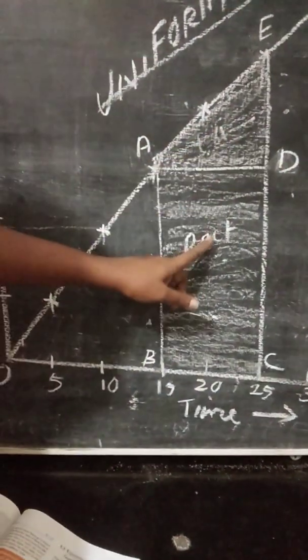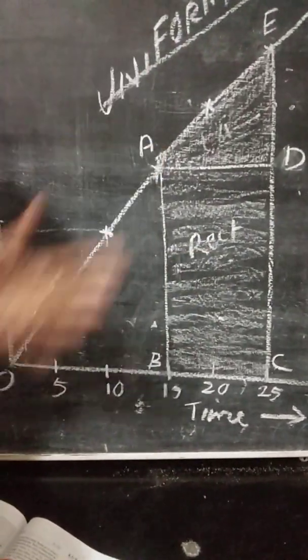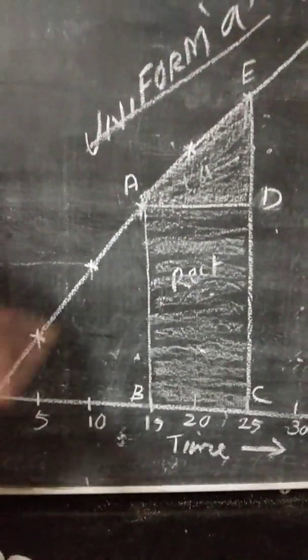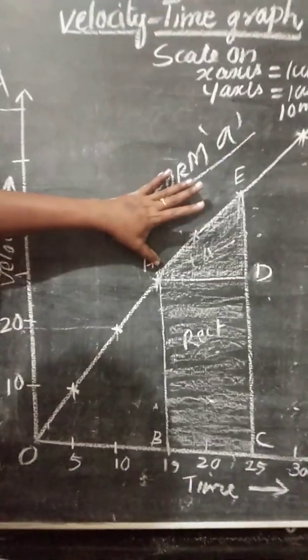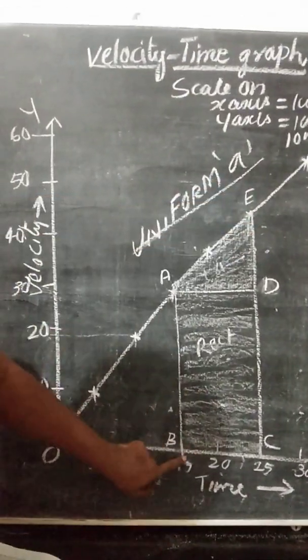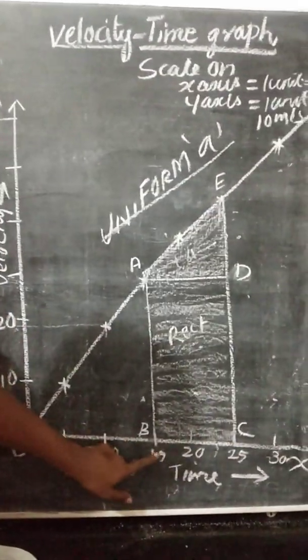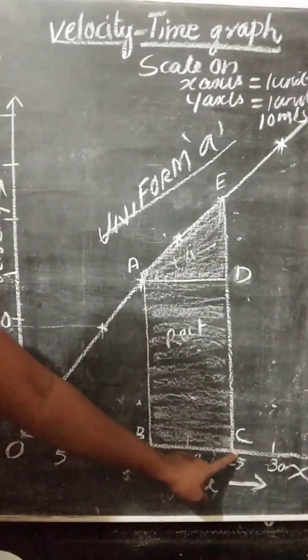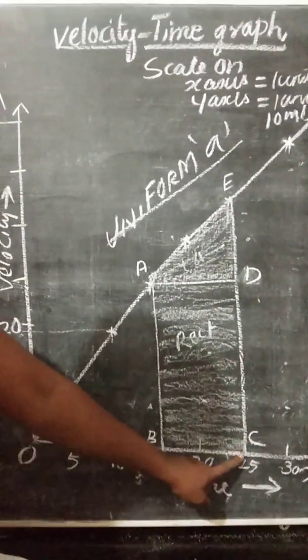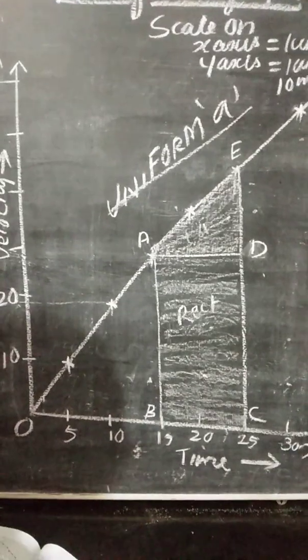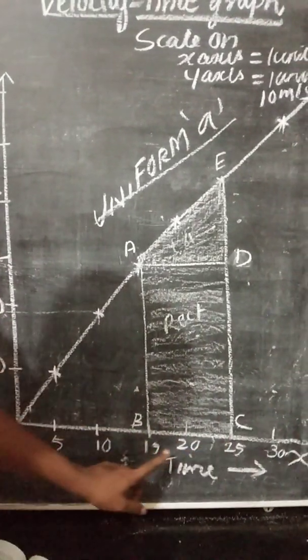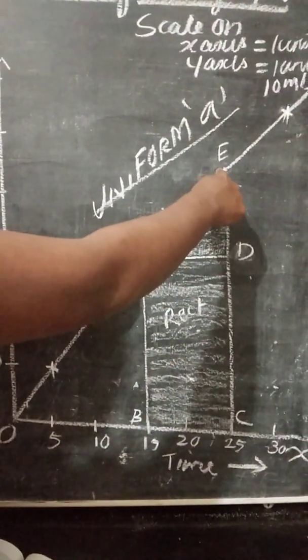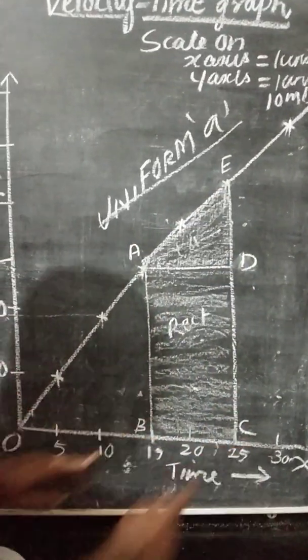We can easily find the distance travelled by the object from A to E, or from 15 to 25, a time interval of 10 seconds. What is the distance travelled by the object in this 10 second interval, or from A to B?